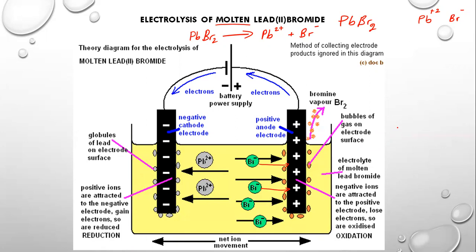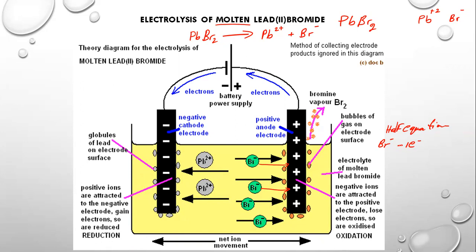We refer to this type of reaction as a half equation. So we say it's a half equation at the anode. The half equation there is Br- minus 1 electron.